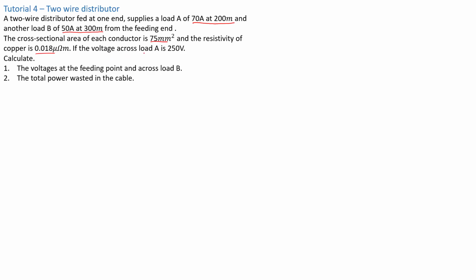Now, if the voltage across load A is 250 volt, we have to calculate the voltages at the feeding point and across B. So what they've basically done here is they're just giving us a voltage of 250 volt at load A, right? But they're not telling us what the input voltage at the feeding end is, and what the voltage on load B is.